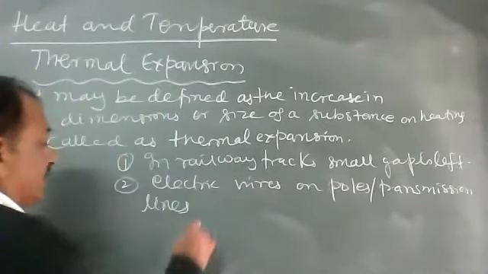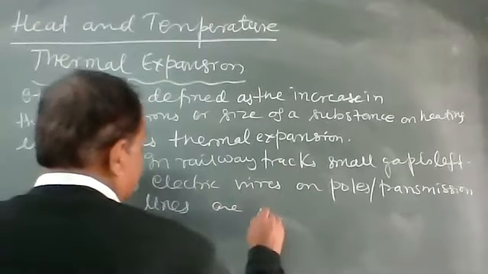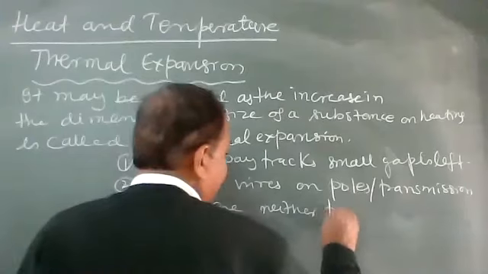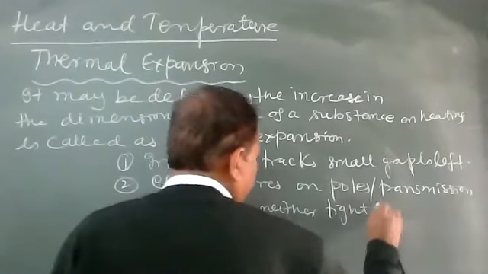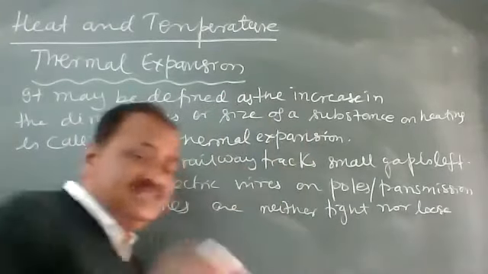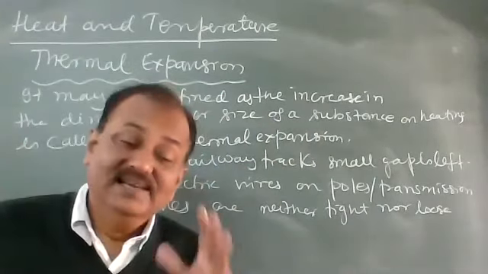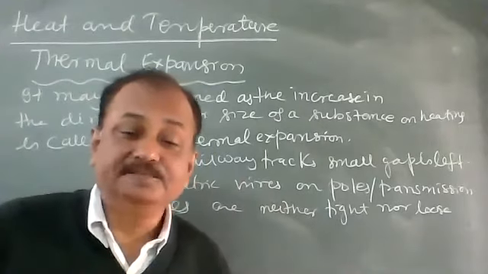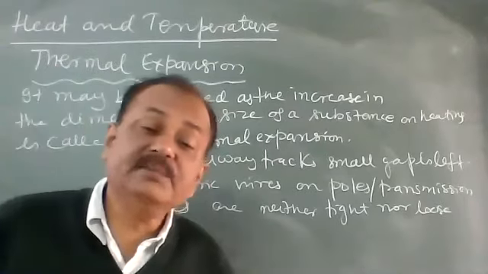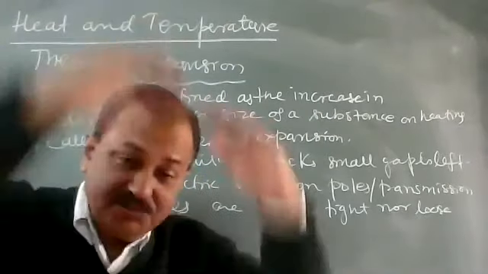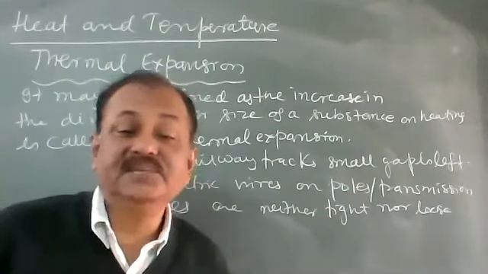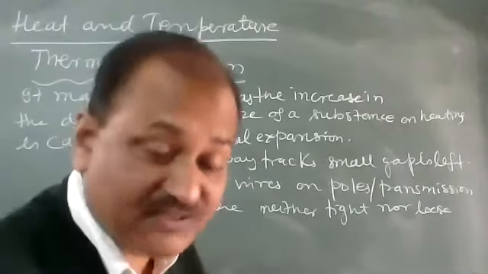Transmission lines are neither tight nor loose, just of moderate length. This is done because in summers the wires sag. They come down, they sag down due to expansion.